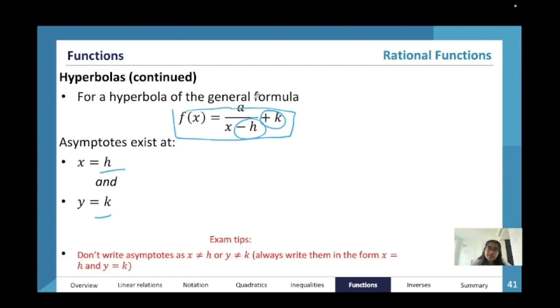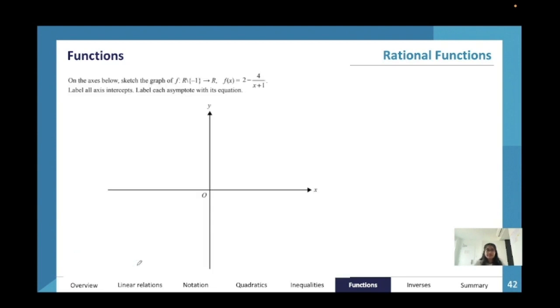When you write your asymptotes, don't write x is not equal to h or y is not equal to k, because the equation of the asymptote is x equals h, y equals k. So make sure that you don't have the not equal signs when you're writing those asymptotes.